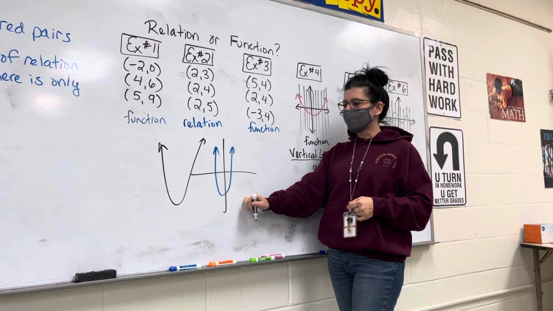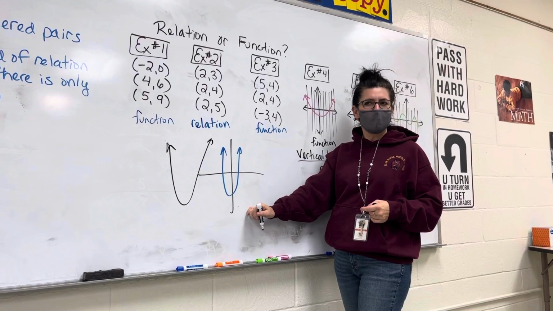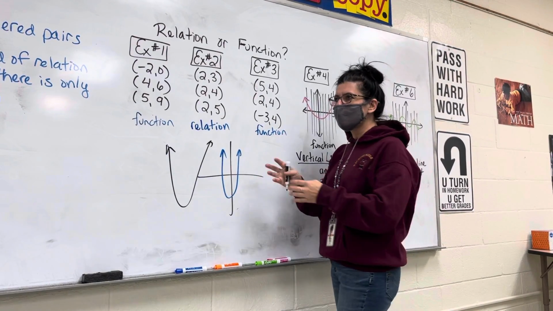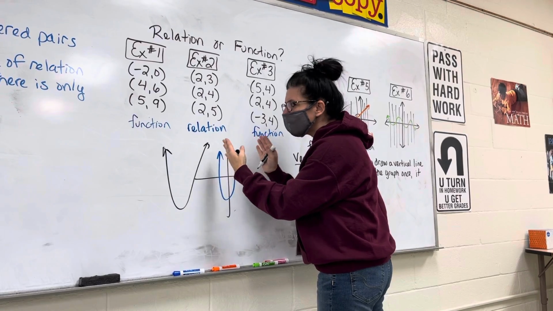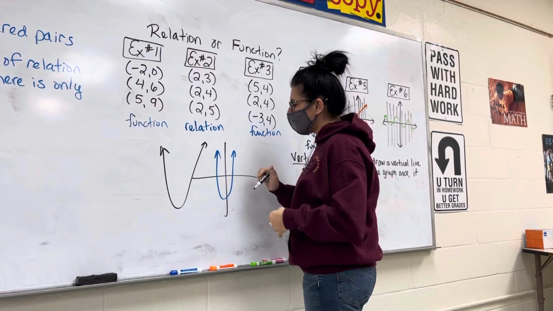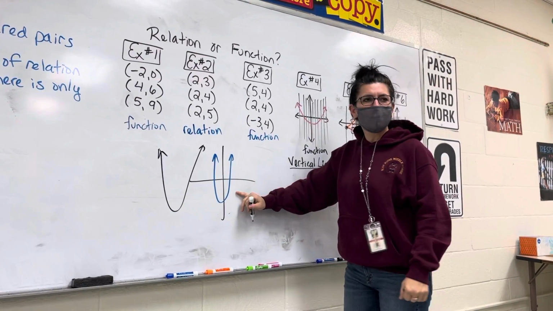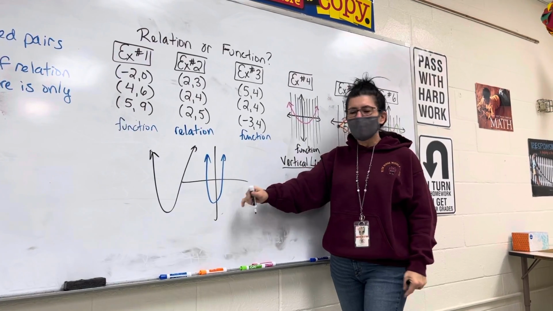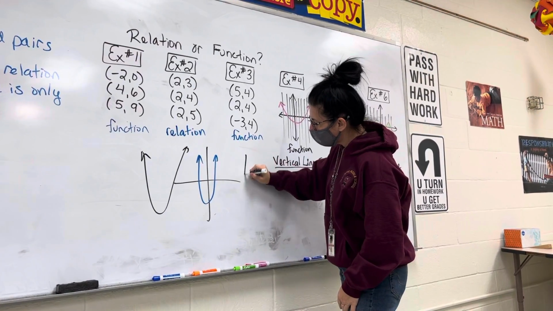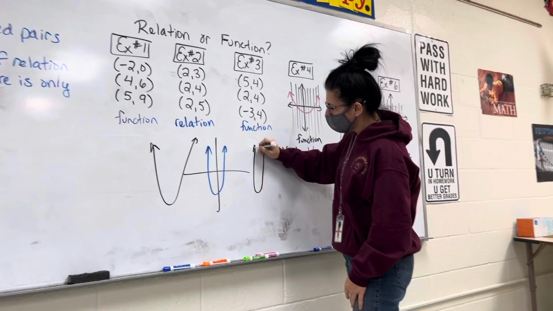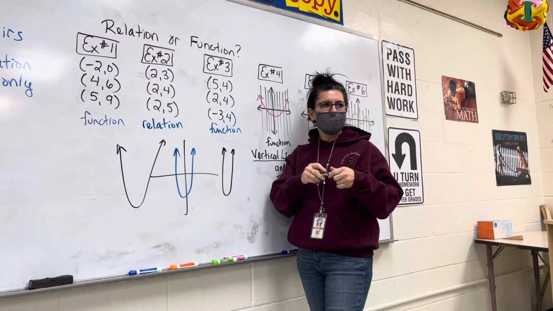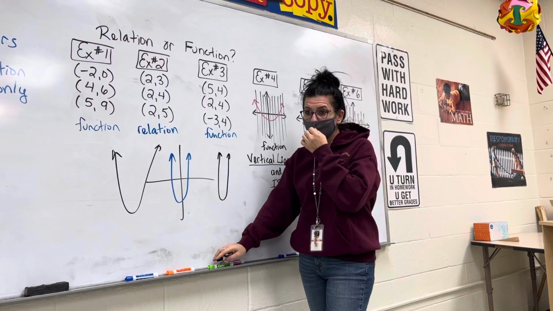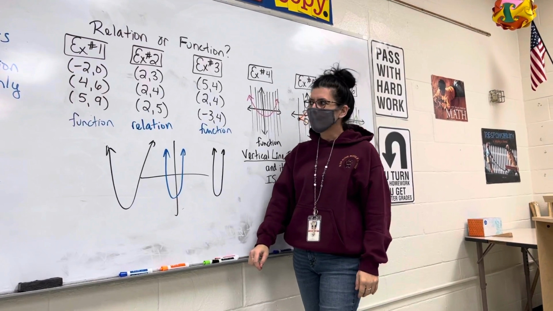I try really hard not to give you examples like this because I think it can be interpreted a couple of different ways. In more advanced math classes, you could be going out so slightly that you can't really see it. So you could probably argue either way for a problem like this, whether you're seeing this as going completely up or if it's going slightly out. So I try to avoid these kinds of examples for that reason. If you're not sure and it's not clear to you, we can always talk about it, okay?